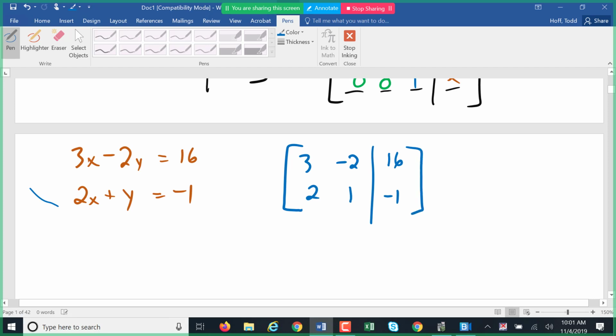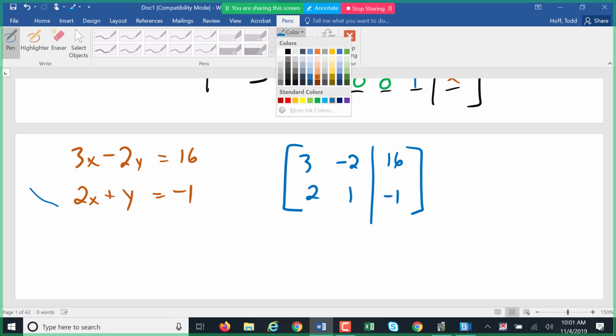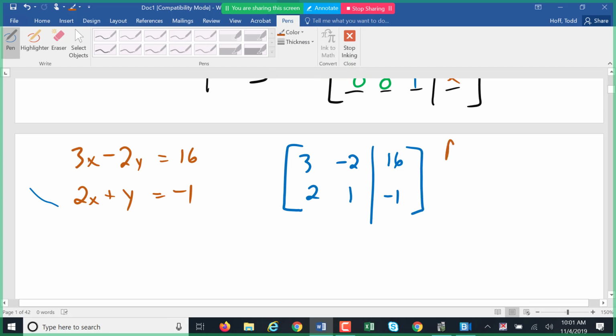So that is the augmented matrix that corresponds to this system of equations. Now let's put this into row echelon form. So that means I need ones in each of those two places. Well, I already have a 1 here. That's good. But I need this to be a 0 as well.